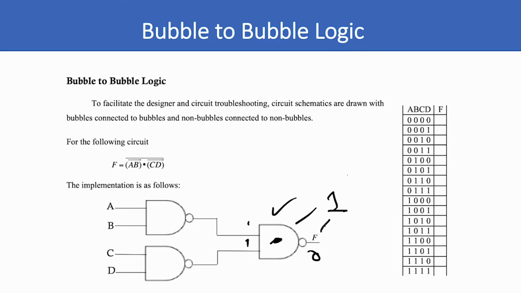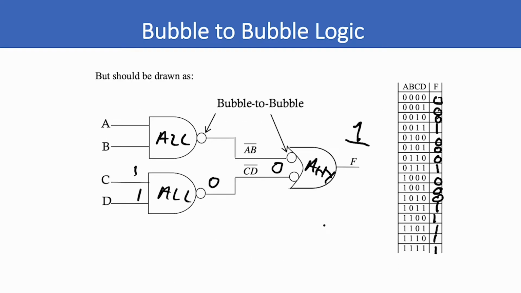But when you have a bunch of these all chained in a circuit, it makes it really difficult to understand. And that's why we do bubble-to-bubble logic. When you do bubble-to-bubble logic and you use a correct logic symbol for that particular gate, it makes it much easier to understand the operation of the circuit.